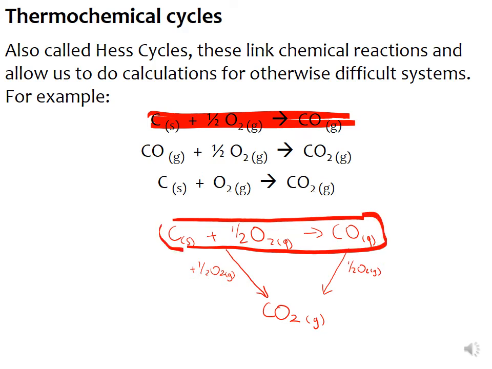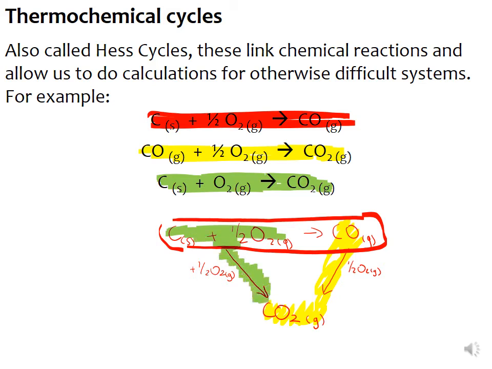We've then got the second reaction, which is the reaction of carbon monoxide to form carbon dioxide, which is the reaction I'm just highlighting just here. And then we have our third reaction, which is the carbon solid plus O2 forming carbon dioxide, which we would have shown in this kind of scruffy way like that. So we've got all three of these chemical reactions linked together in a balanced chemical cycle, or a Hess cycle.